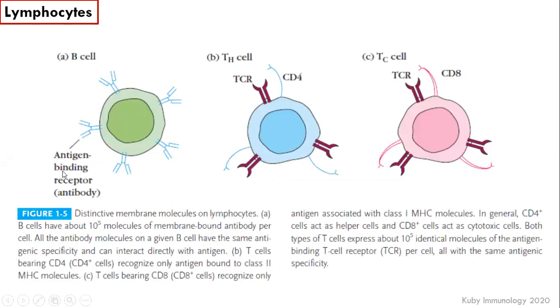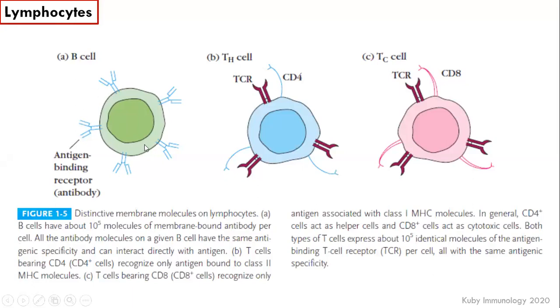Again, coming back to the cells, this material has been provided from the Kuby Immunology book. You talk more in terms of functionality or structure of the cells. You look into the diagram explanation here. We talked about T and B cells, antigen receptors, and antibodies on the B cell only. A B cell will have about 10 to the power 5 molecules of membrane-bound antibody per cell.